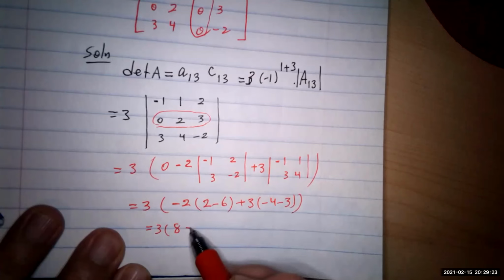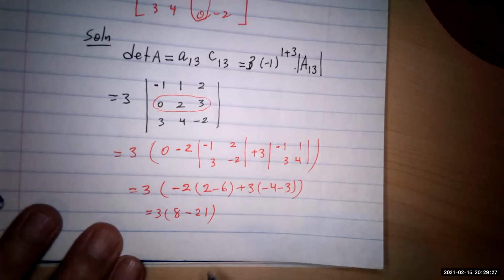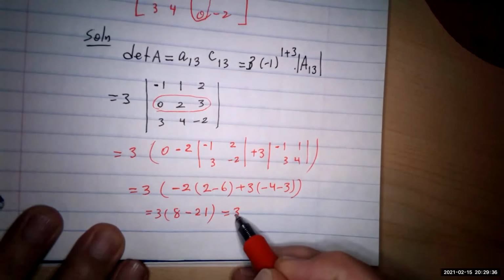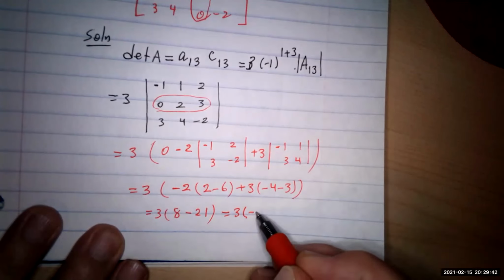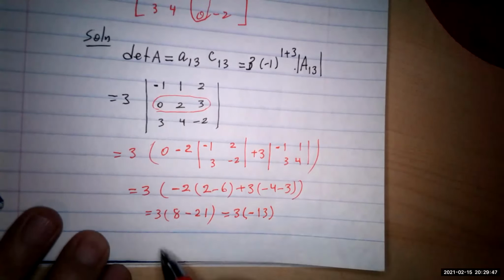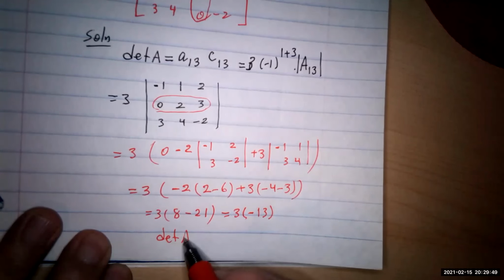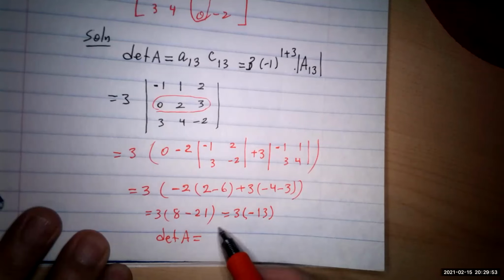So that gives negative 21. So that was a negative, positive, and everything's all right. So it's going to be 3 times 3 times, and we get negative, is it 13? Yes, 13. So the result seems to be the determinant of A is going to be negative 39.